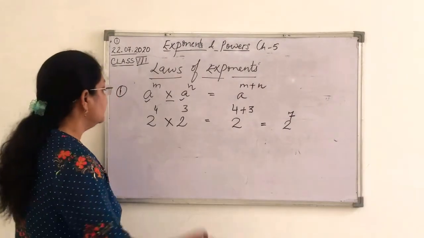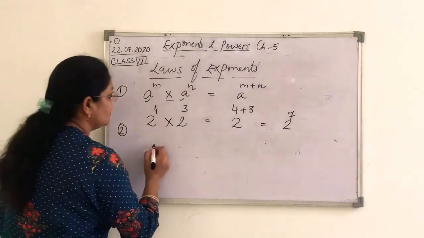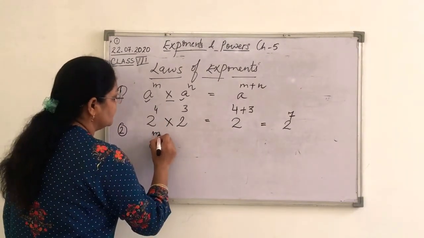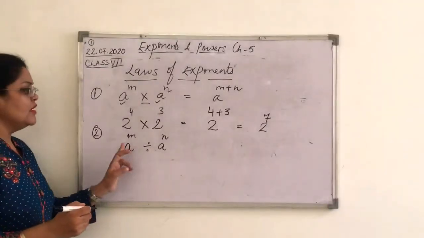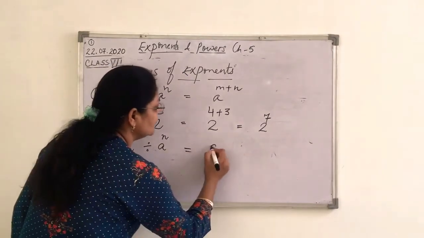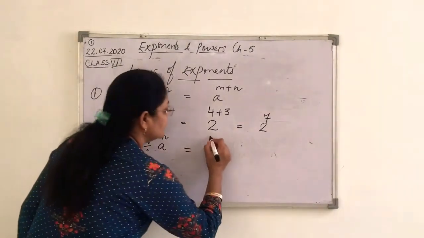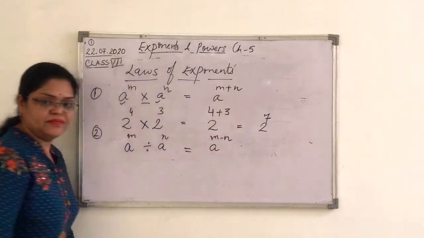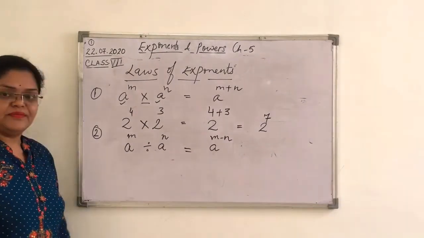Is it clear? Now the second law: if the bases are the same and there is a division sign in between, we write the base as it is and we subtract the powers.